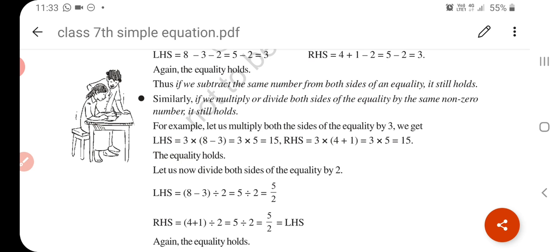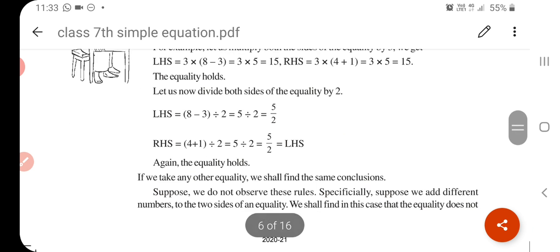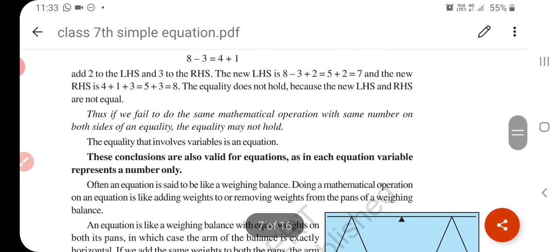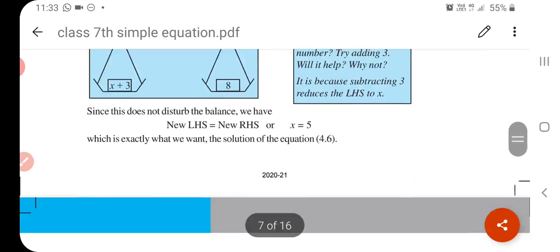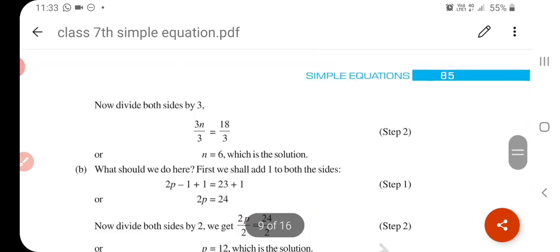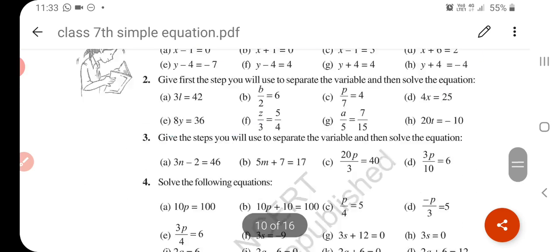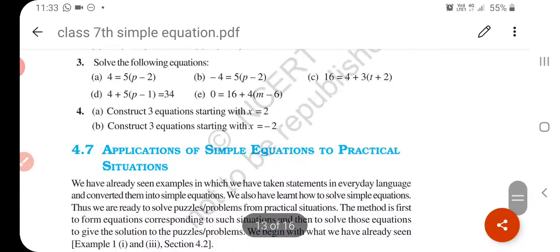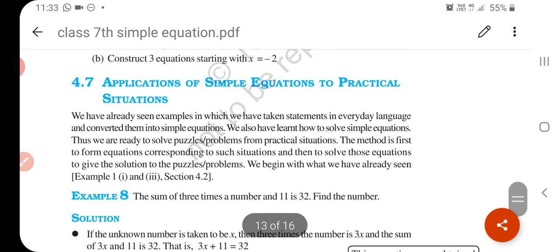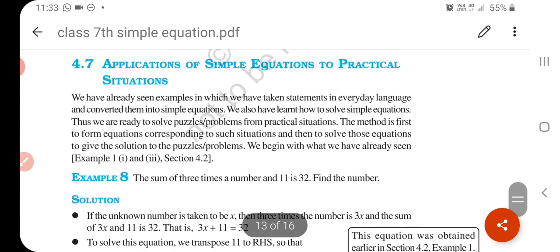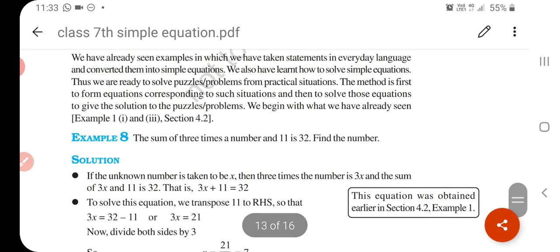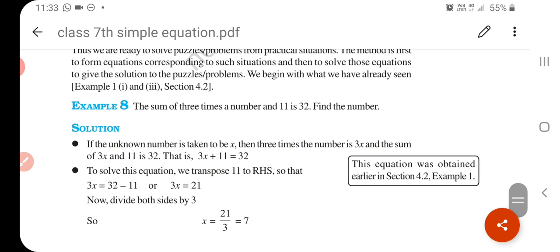Understand? Now first of all let me take you to that page. Where are we starting from? 4.2 is completed and 4.3 is also completed. Now, application of simple equations to practical situations. Practical situation means a situation in your daily life. Now the first rule is to read the problem carefully and note down what is given and what is required.